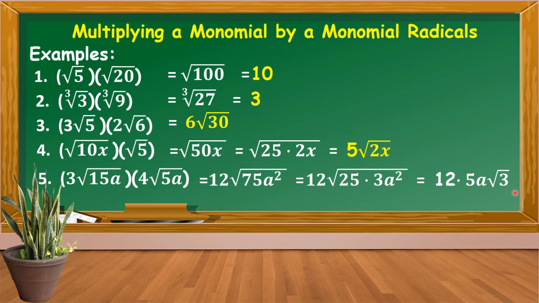So, iiwan si 3 as our radical. And what is our final answer? That is 60a square root of 3. Bakit si 60? Because 12 times 5 is 60. Then, kopyahin si a, kopyahin si square root of 3. So, this is our final answer.